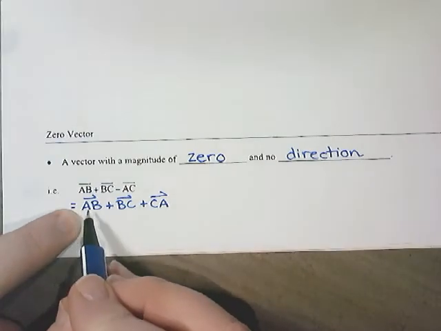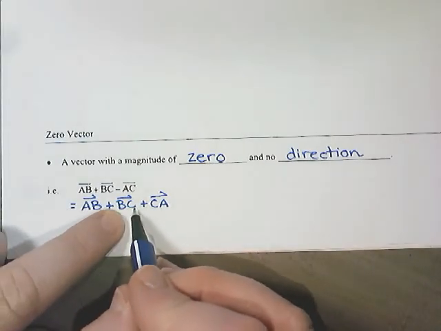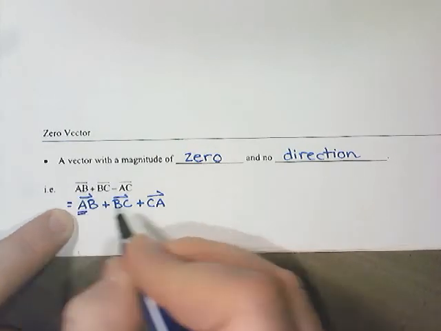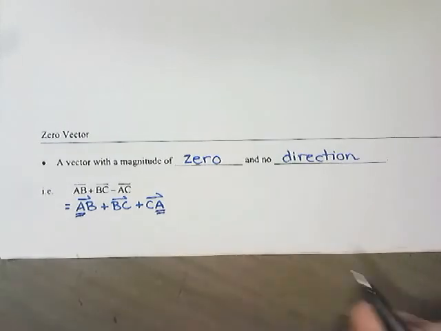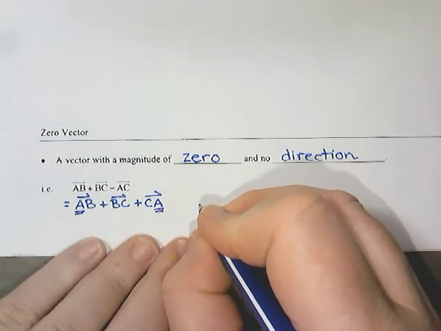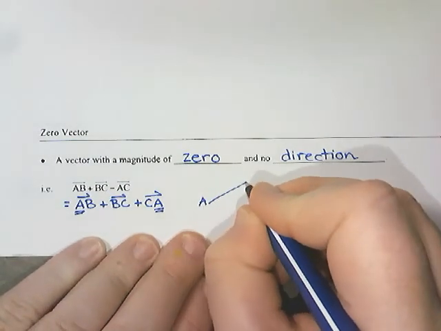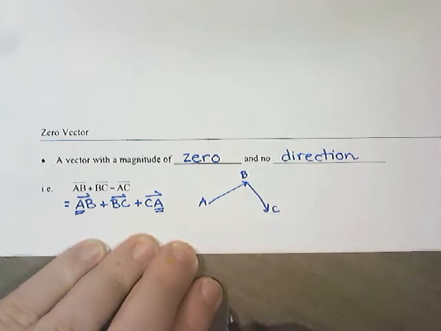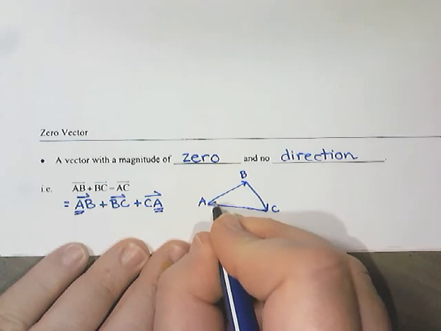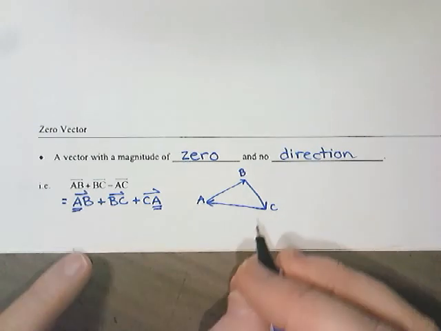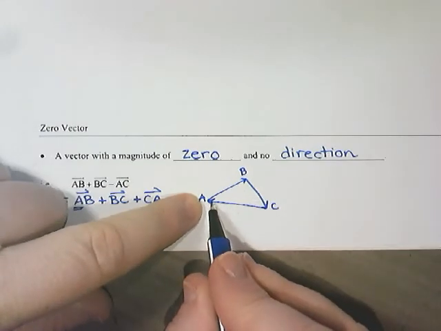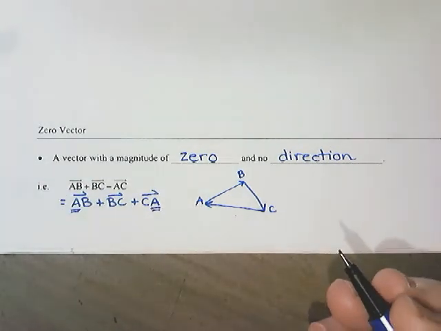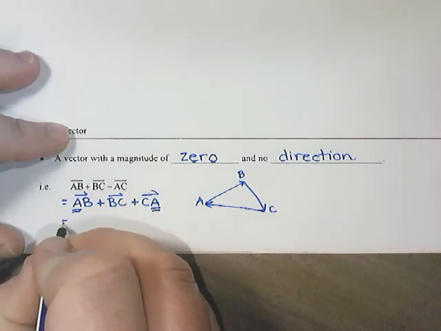Which means we went from A to B, and then B to C, and then C to A. So we started at A and we ended at A. If I were to draw a little picture, we went from A to B, from B to C, and then from C back to A. Meaning from A to A, there's no distance. It's the same point. There's no direction because it just doesn't exist.